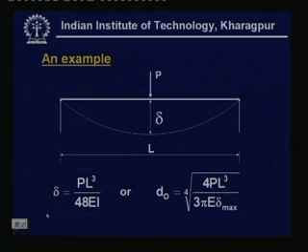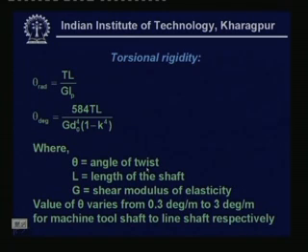In a similar manner, if we consider the torsional rigidity, it basically means the angle of twist, what happens to a machine member by application of a load like torque.